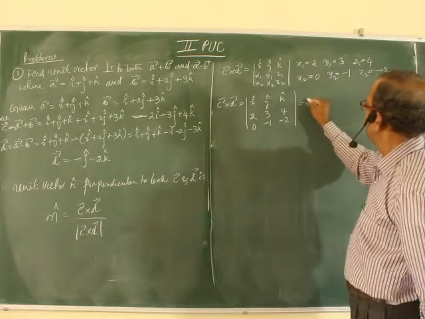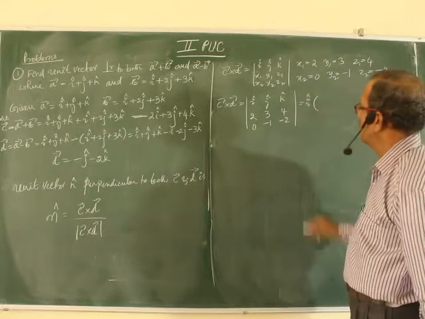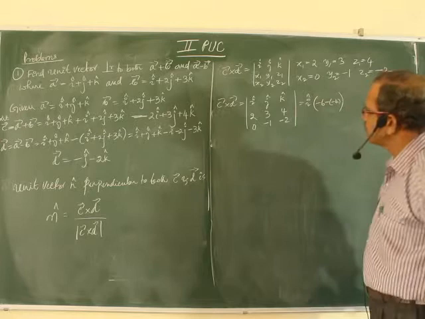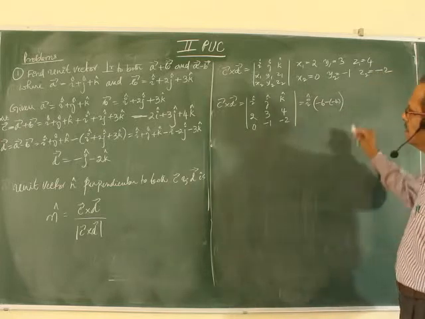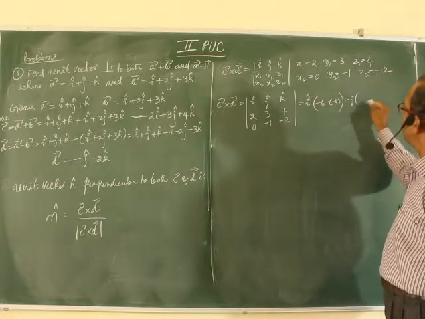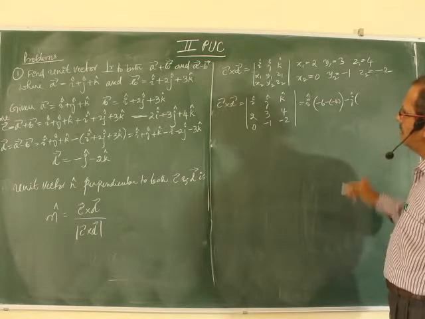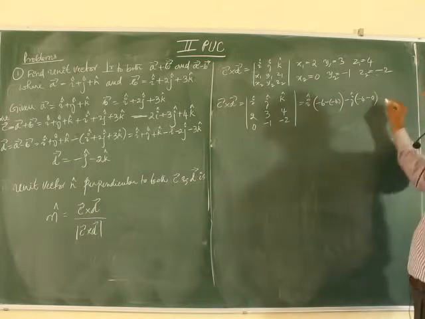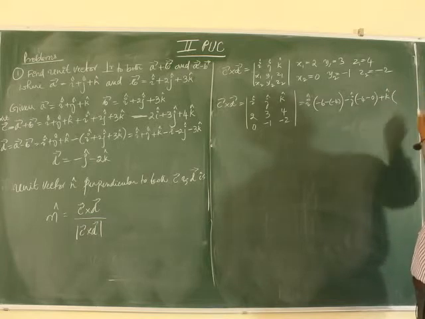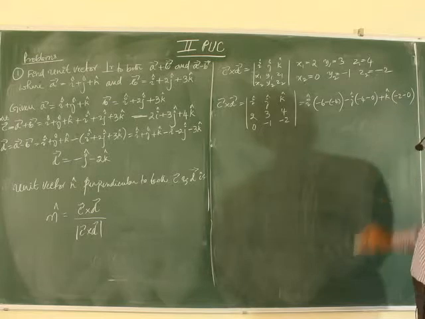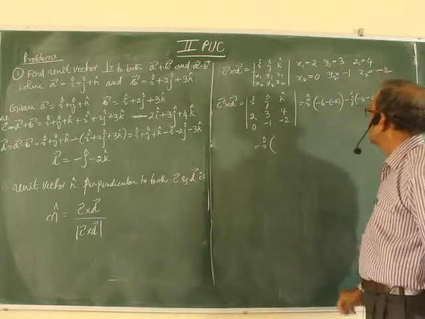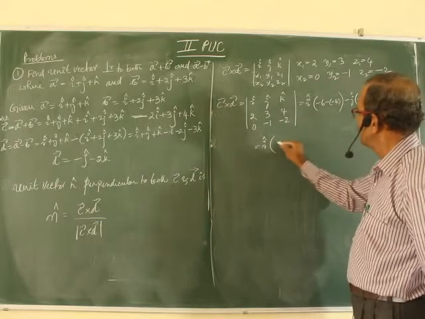Equal to i into minus 6 minus of minus 4, minus j into minus 4 minus 0, last one, k into minus 2 minus 0, or i into minus 6 plus 4, minus 2.